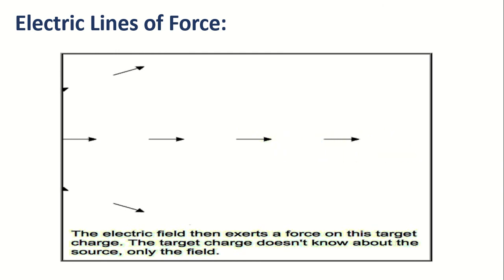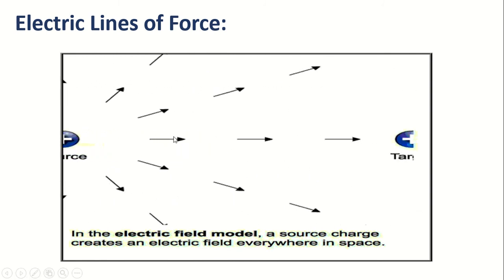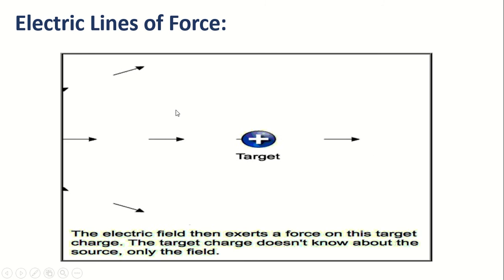There is no real existence of the lines of force. These lines are imaginary. The electric lines of force are used to measure the electric intensity and to explain the direction of an electric field at any point.